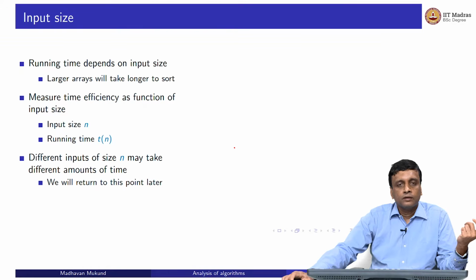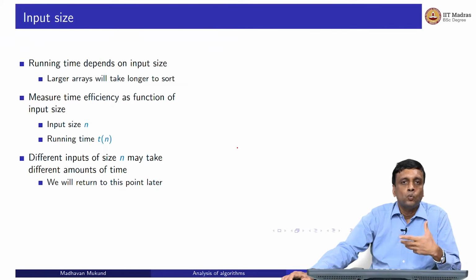Now even when we fix an input size, it's not clear that all inputs of the same size are equally hard to process. For instance, if I am rearranging a list in ascending order and it is already in ascending order, then clearly I don't have to do much work. So maybe I can just do one scan to verify that it's in ascending order and say nothing needs to be done, right?